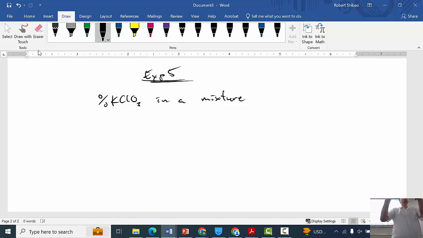It's just a white powder containing potassium. What's KClO3 called? Potassium chlorate. And so it's a white powder.